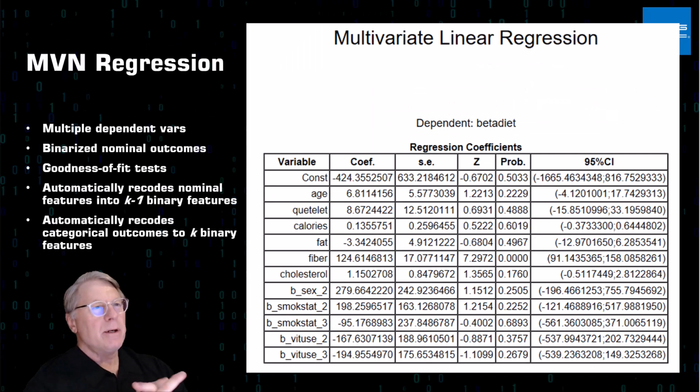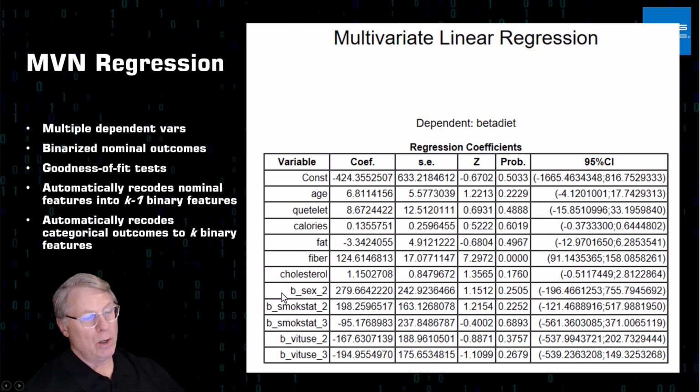For multivariate linear regression, of course, there are multiple dependent variables. And here I have shown an output table for a regression variable, one of the dependent y variables. It was called beta diet, and then the coefficients. And here you can see that Explorer recoded the gender variable into 2.